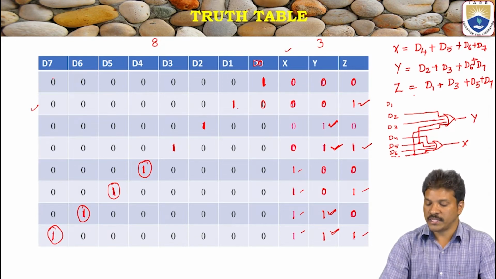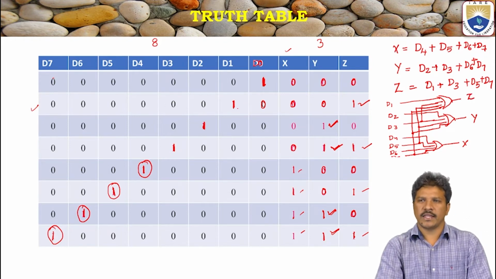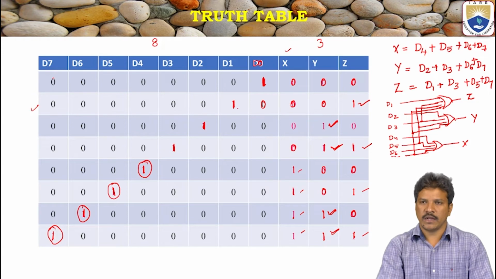And 1, 3, 5, 7 go into an OR gate represented by z. So in this way we get the simple encoder circuit.